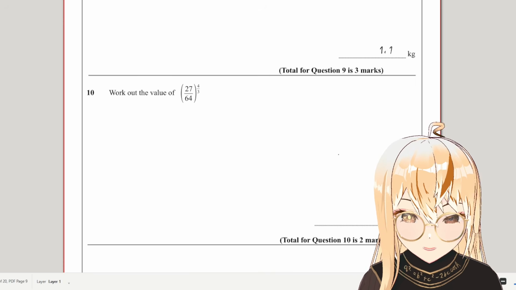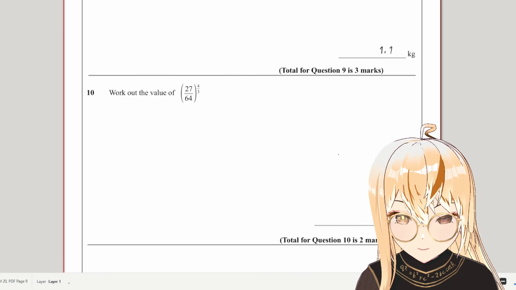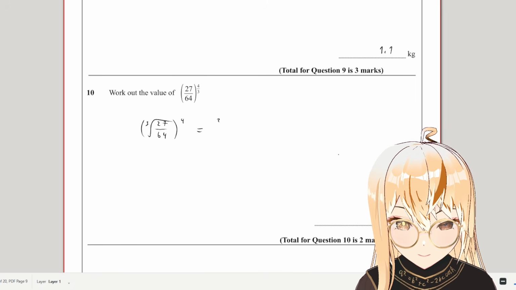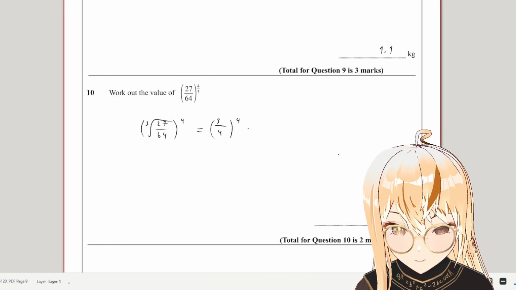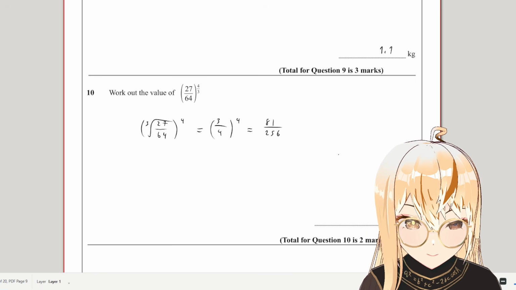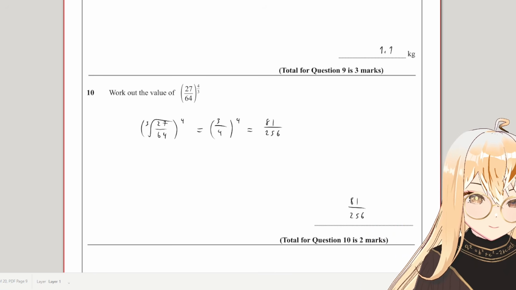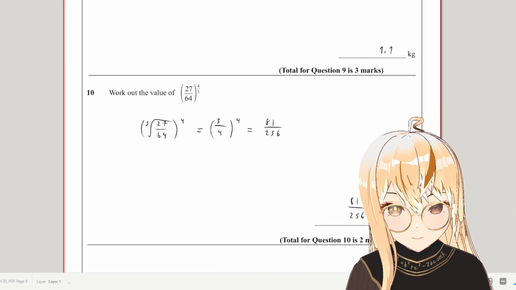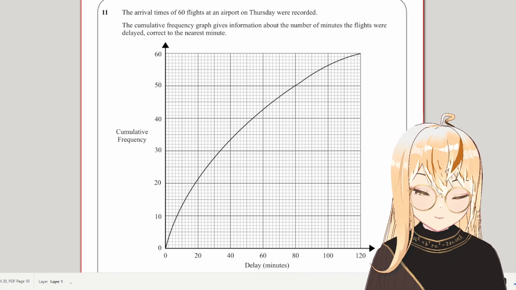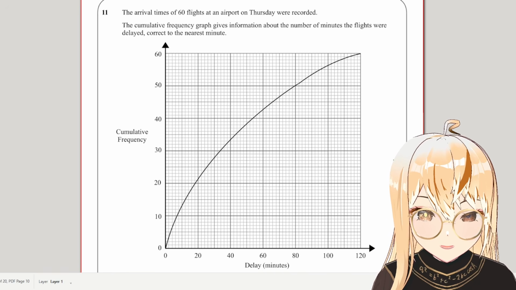We'll cube root it and then take it to the 4th power. So with this graph we can find a few important details such as the median and such.